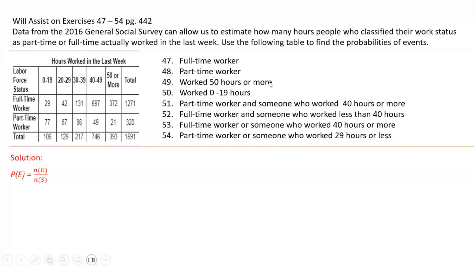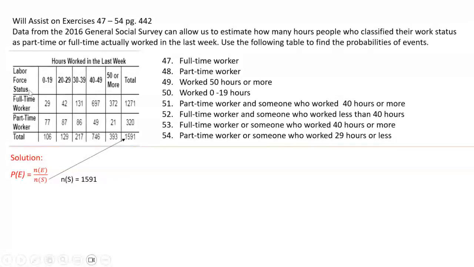Here we go. Number 47 states a full-time worker. By the given chart here, this is the hours worked in the last week. This is the labor force status: full-time workers, part-time workers, and the total. If you notice, the sample space will be 5091.